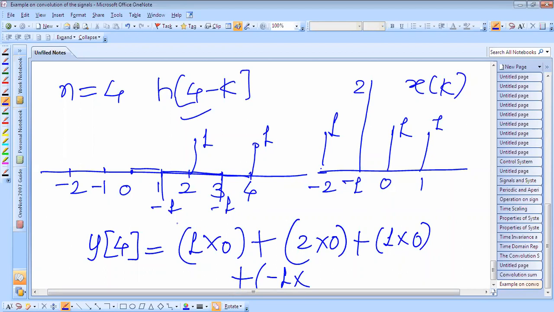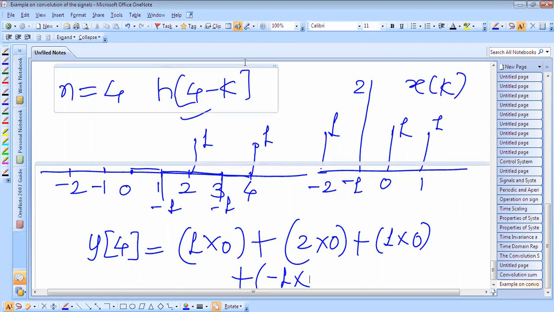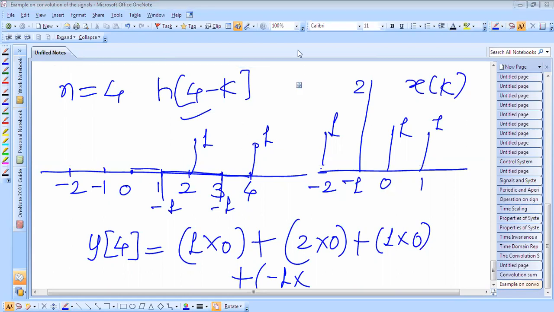At 2, 0 into 1 is 0, plus 0 into 2 is 0. At 0, 1 into 0. Okay, at 1 it is -1 into 1.